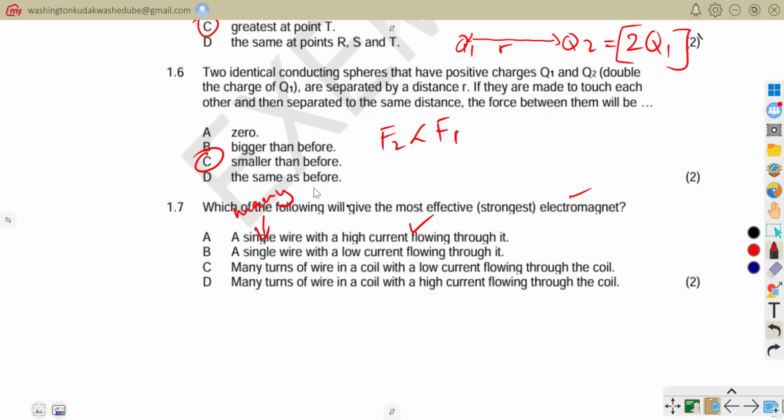We need to have many coils or else many what? Many turns. So we are looking for many turns of wire with a high current. So our option was going to be D, many turns of wire in a coil with a high current flowing through the coil. That was going to be our answer for 1.7.